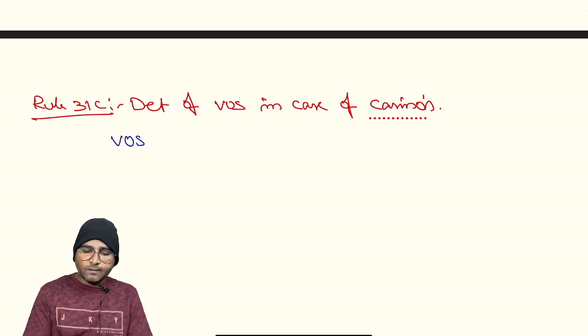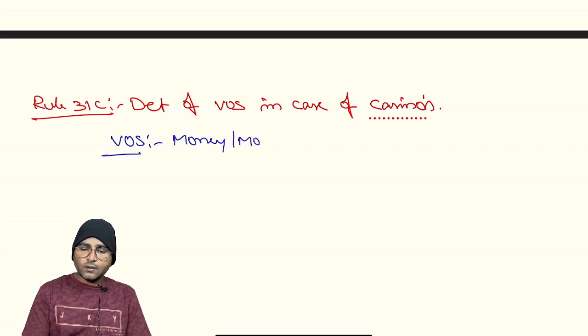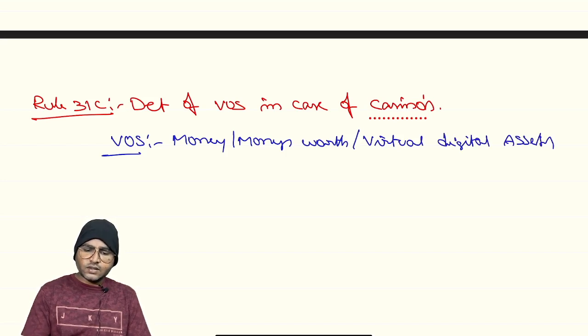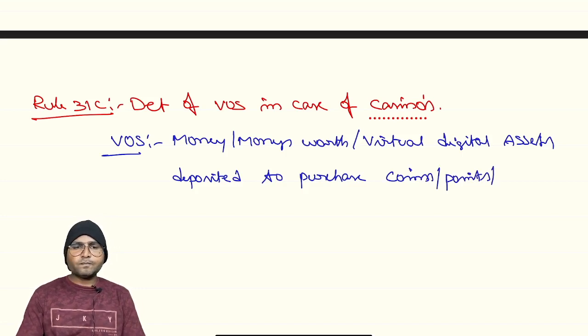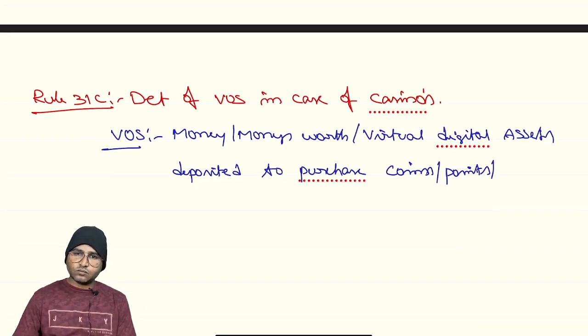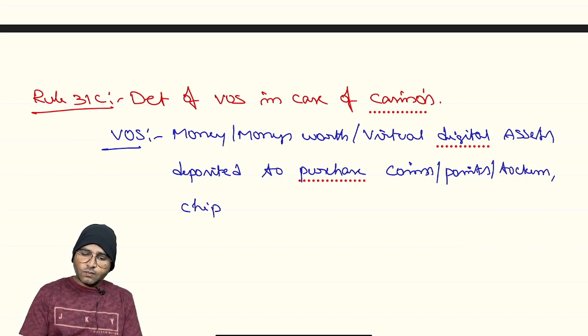Value of supply will be money or money's worth or virtual digital assets deposited to purchase coins, points, tokens or chips, right?